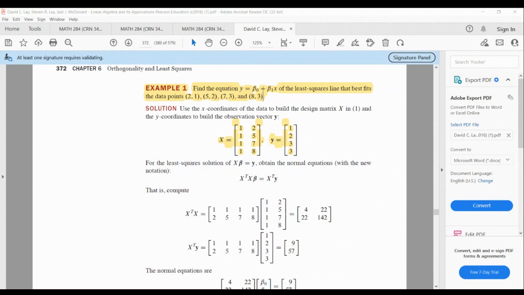Now all you want to do is use the normal equations. The normal equations with the new notation are given here.